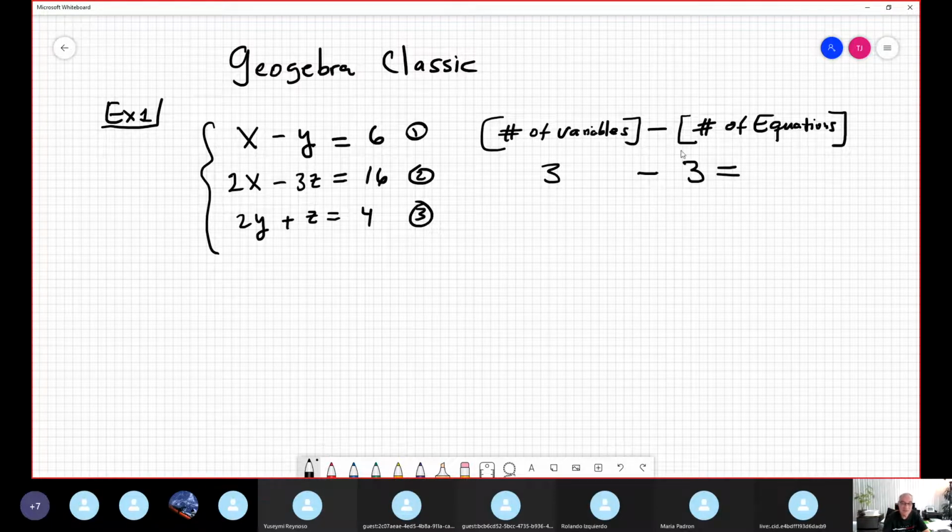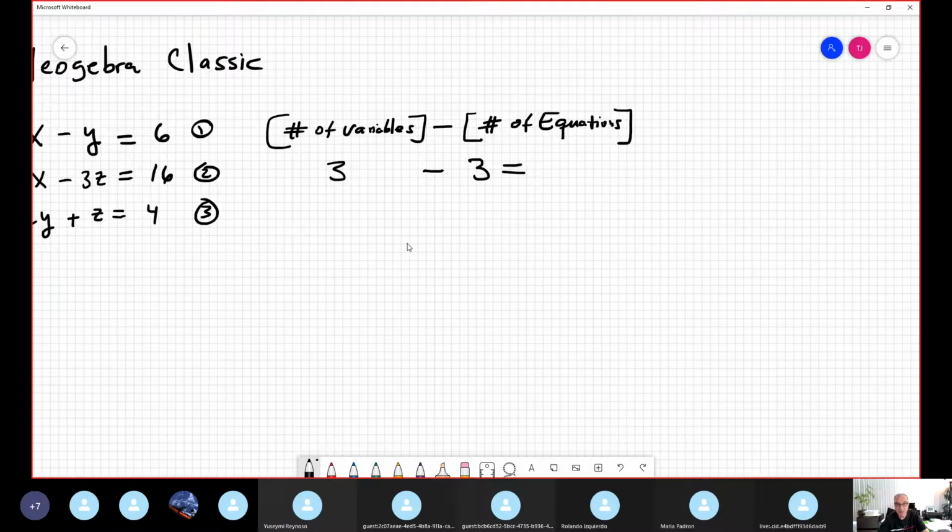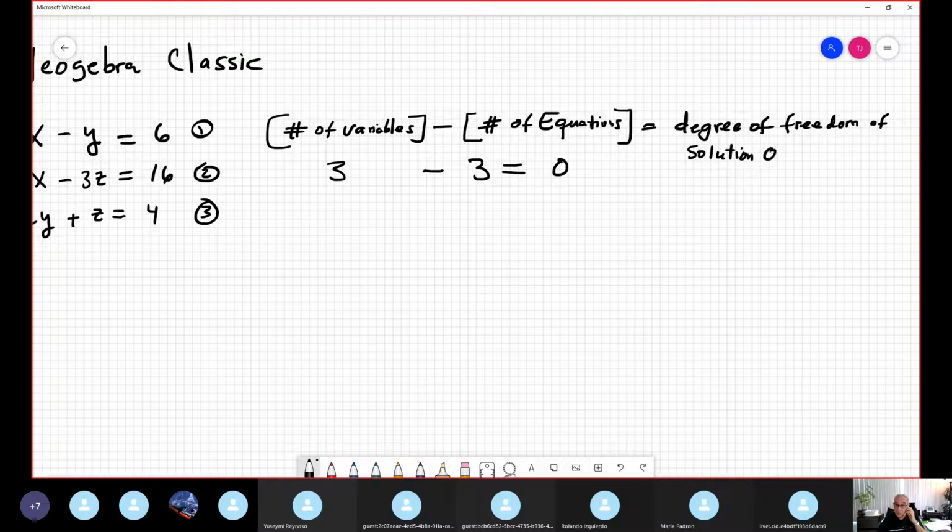And this gives me 0. This represents the degree of freedom of the solution, the mathematical object.